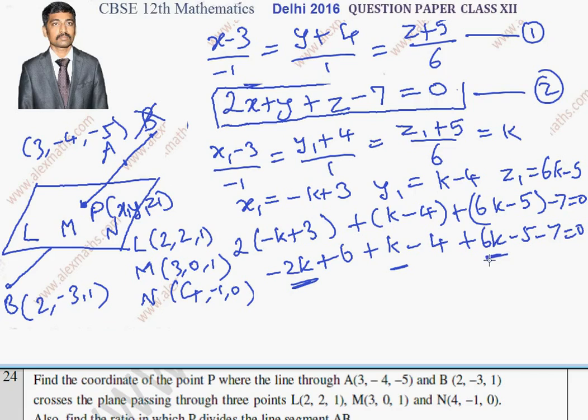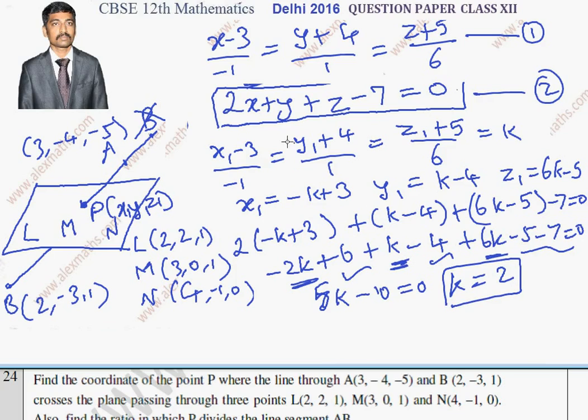So all the k terms if I add, it will be totally 5k. Then these numbers if I add, this is totally 2, then minus 10. So basically k value is 2.